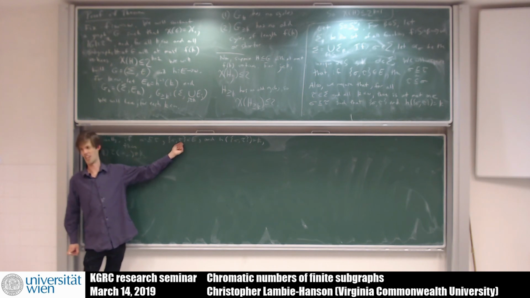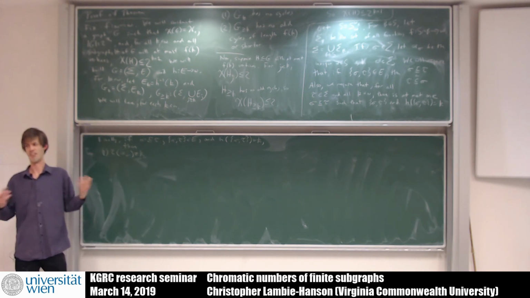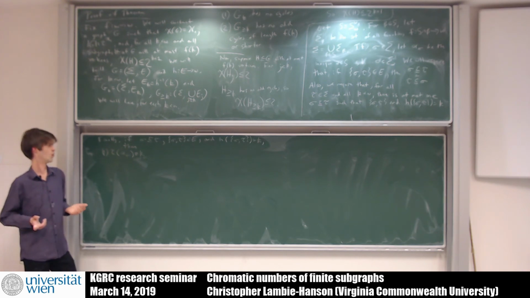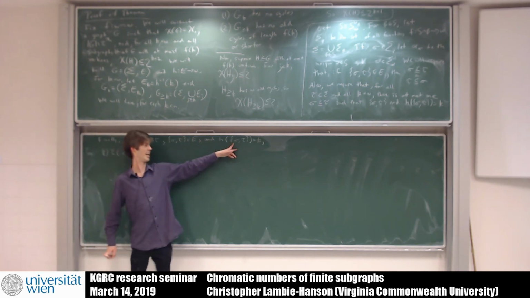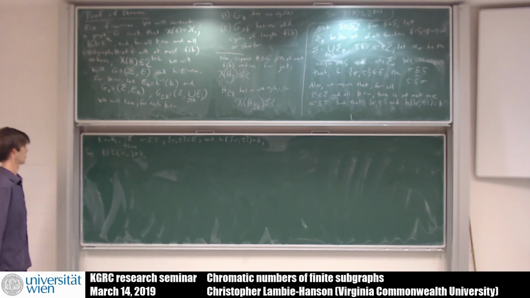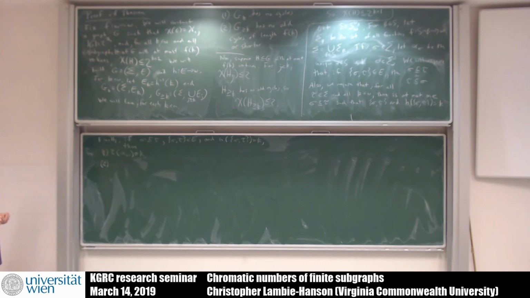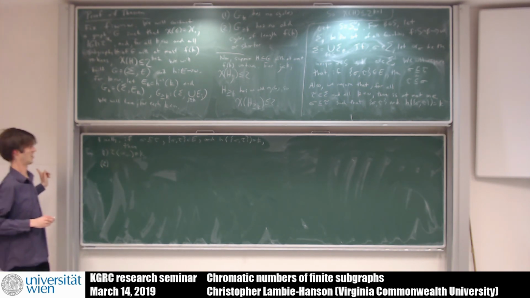Sigma is the initial segment of tau, so we can evaluate tau at the length of sigma. It's some natural number, and we require h of that edge to be that natural number. Okay. 2. Before I state 2, I need a little bit of notation.